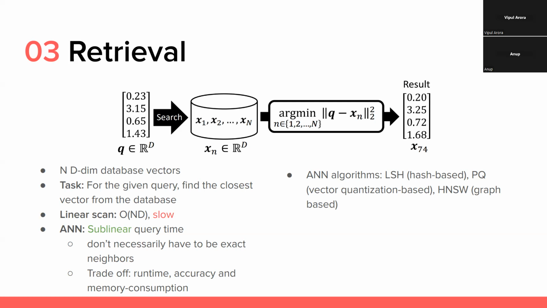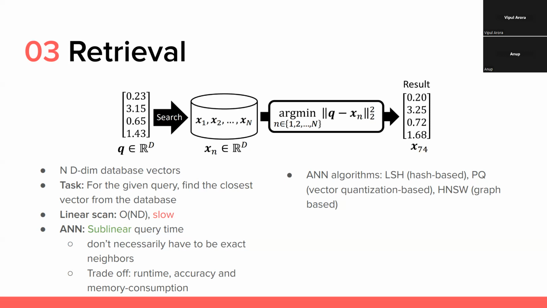So there are many algorithms. One is called locality sensitive hashing, which is a hash based algorithm. Another is called product quantization, which is based on vector quantization. It quantizes the vectors in your database, and based on that, it does fast search.